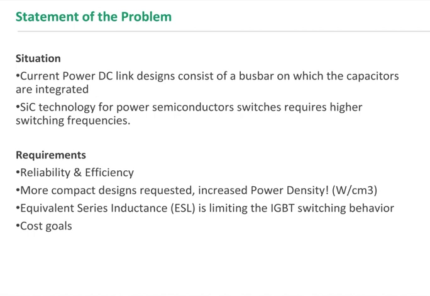We also have, as I said before, a lot of requirements in terms of inductance, specifically for silicon carbide technology, when the semiconductor switches require much higher switching frequency. Since the electronic components and hardware are becoming more and more complex, we have to find design solutions not only at the level of a component but at the system level.